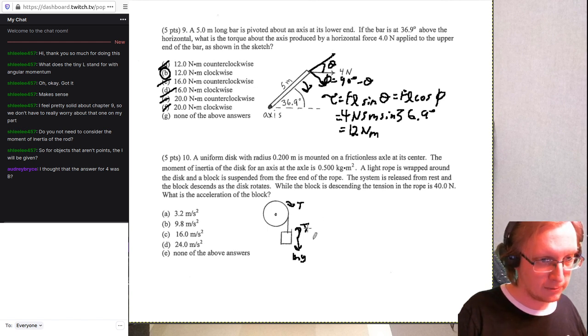We're told that this is 40. Uniform disk, so we've got an I for that. So then this turns into a torque situation where we have I alpha equal to TR.